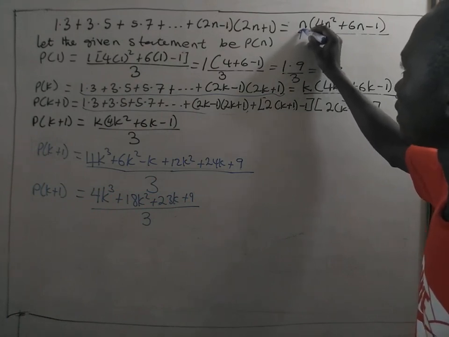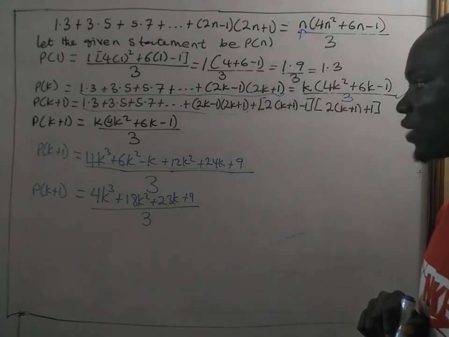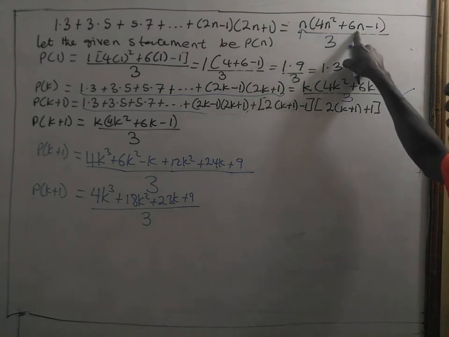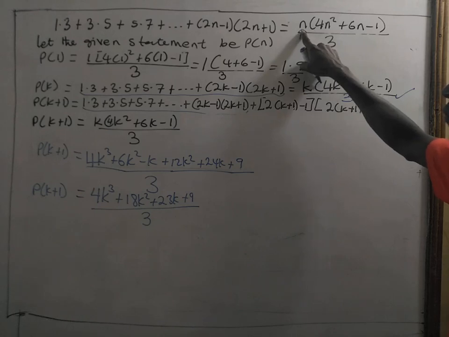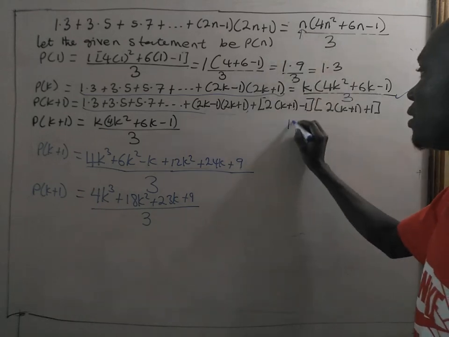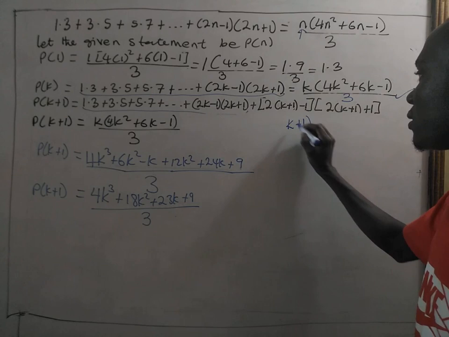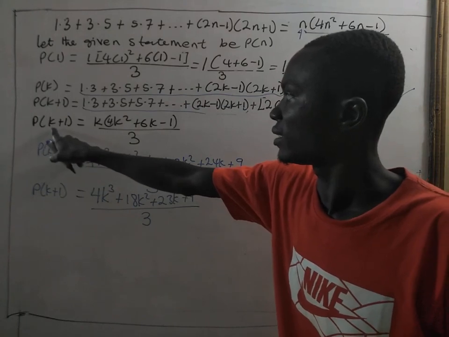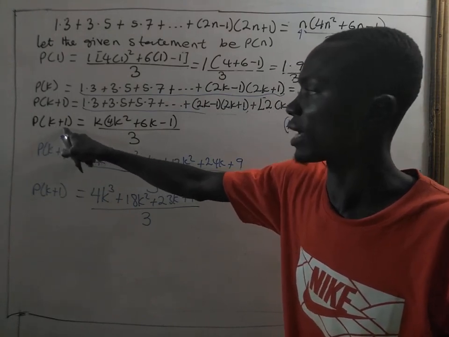look at what we have here. In our final answer, we should get n. But this n in our final answer should become k plus 1. Because we want k plus 1 to be here, that is n. Because here we are saying that n is equal to k plus 1.